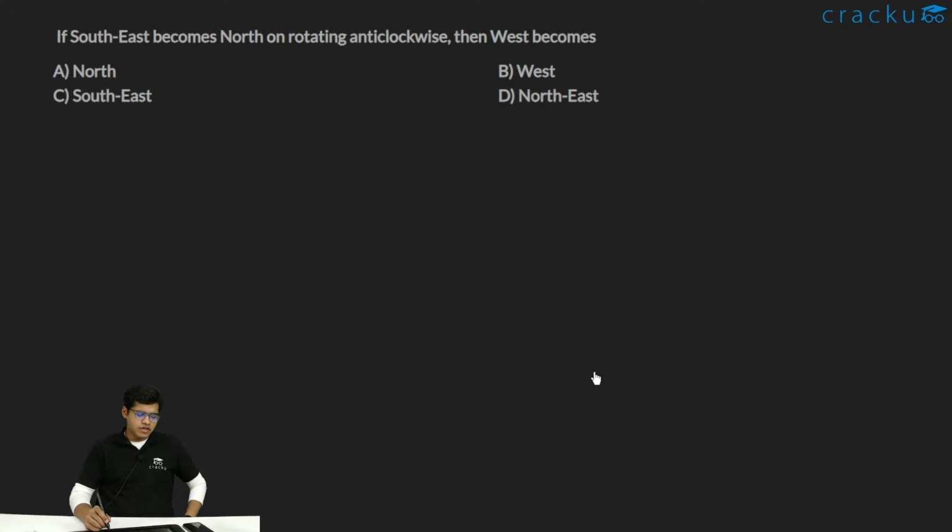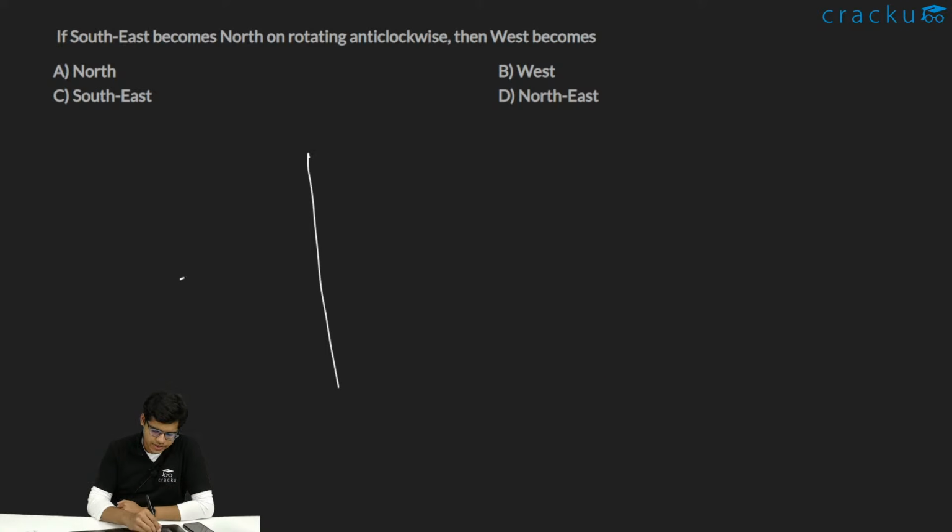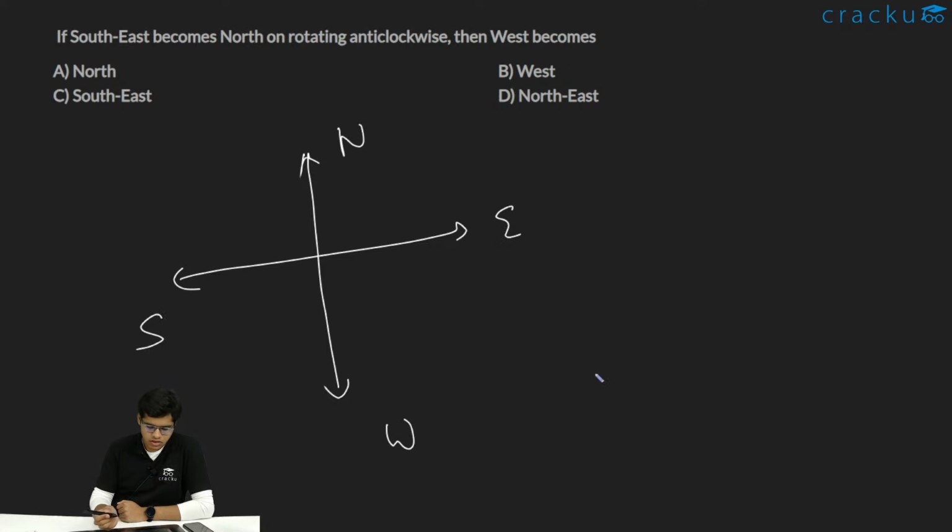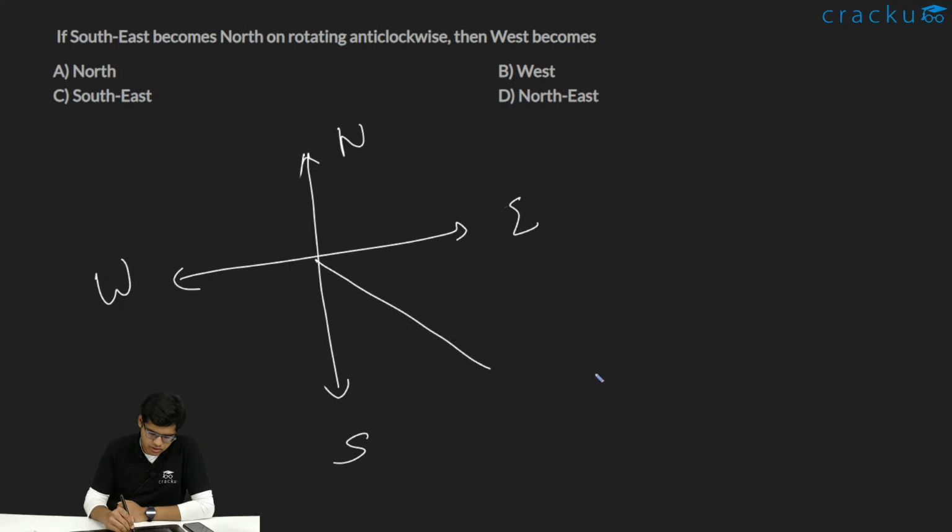So in this question it is given, if southeast becomes north on rotating anti-clockwise. So basically this is north, east, west, and south. Southeast, what I'm doing. North, south, east, and west. Now southeast is this.